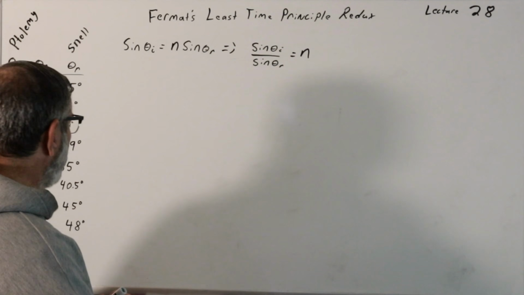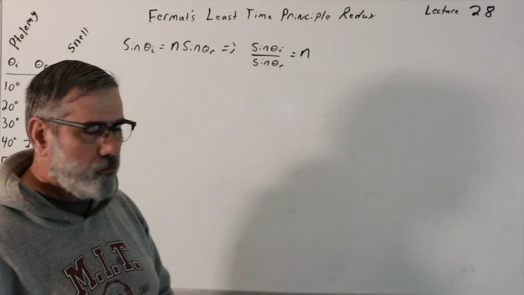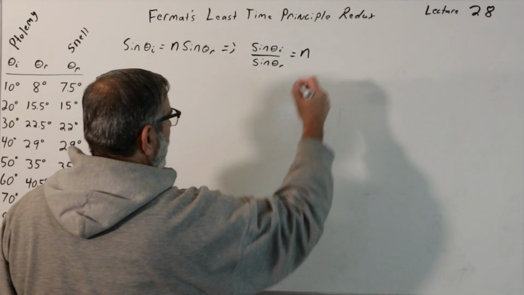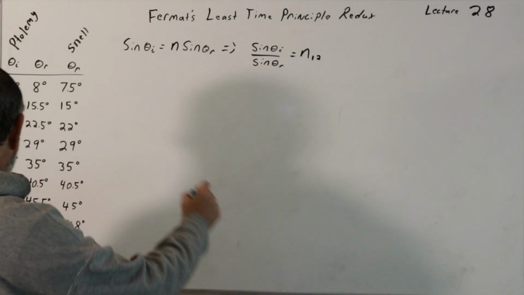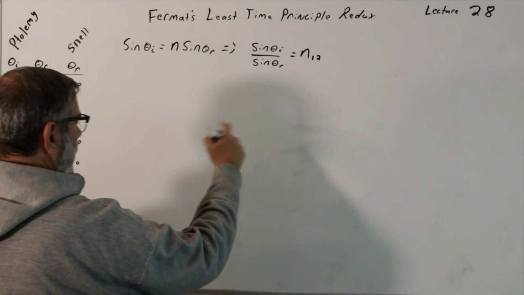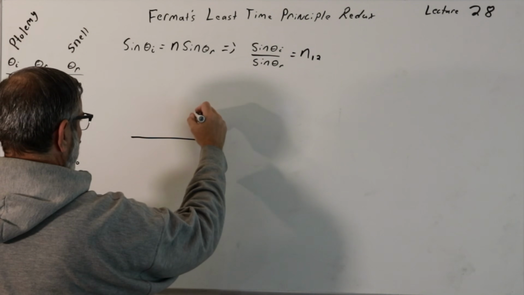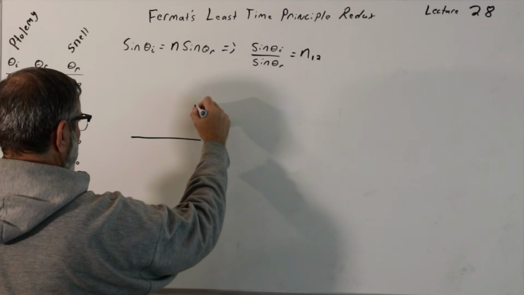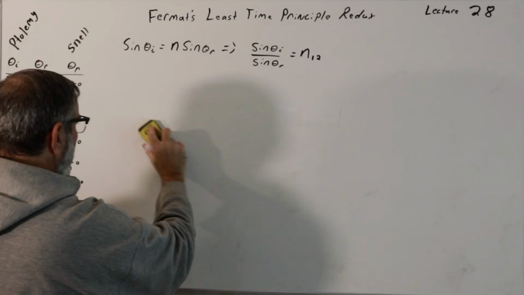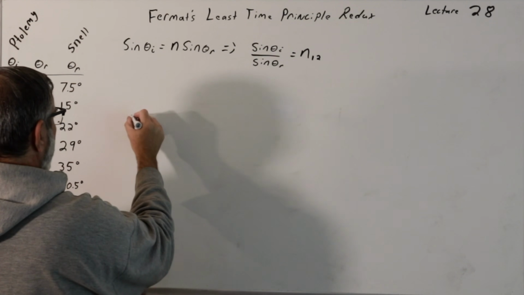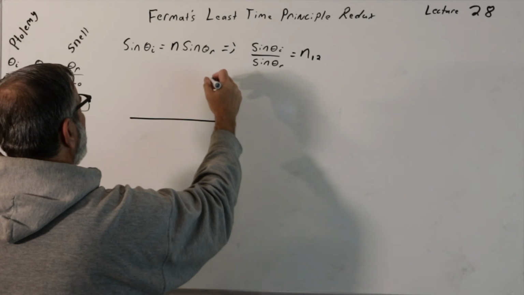And if we're going from, say, material 1 to material 2, when we observe this refractive angle, then we could call this n_12. And so what I want to do now is consider three possibilities. Basically, air interacting with water. So we'll say 1 is air. I'm going to write this a little bit bigger. I noticed in rewatching some of these lectures that the writing is a little small, hard to see.